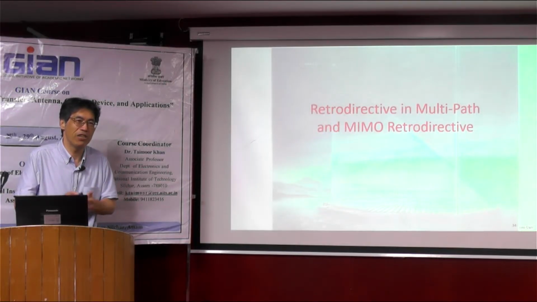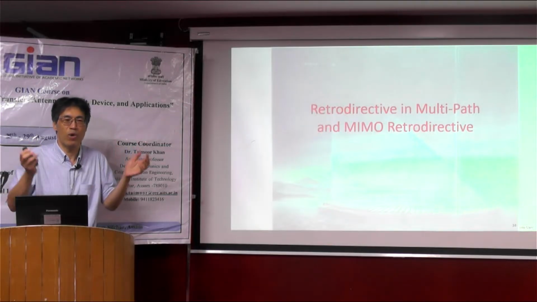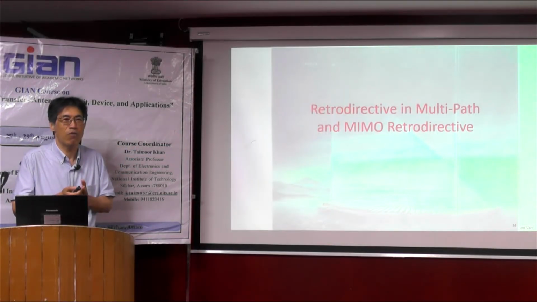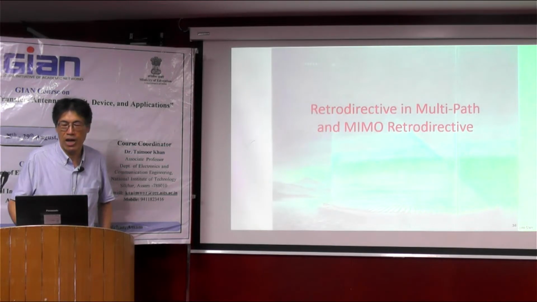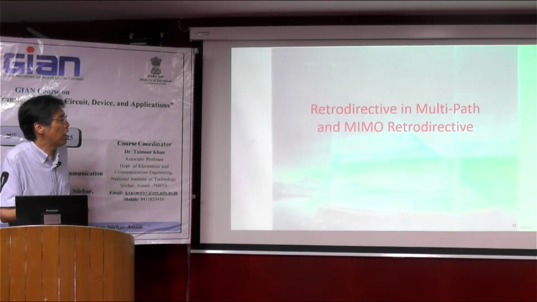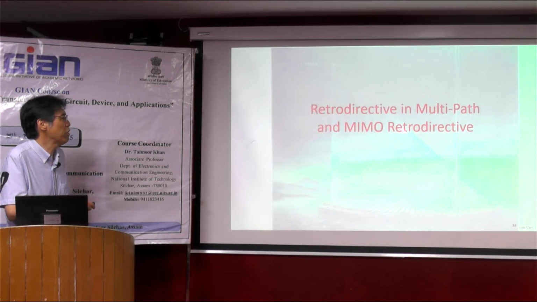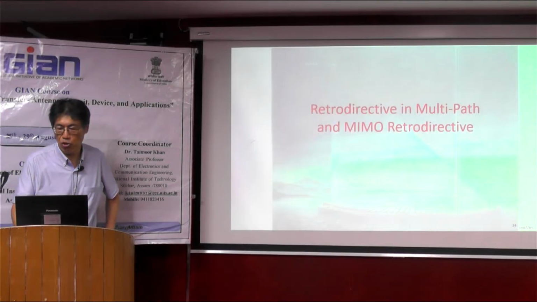Can we create the exact power beam by only the merged pilot signal? I have some doubt. So I tried to understand how to drive the retrodirective in a multipath or MIMO situation.